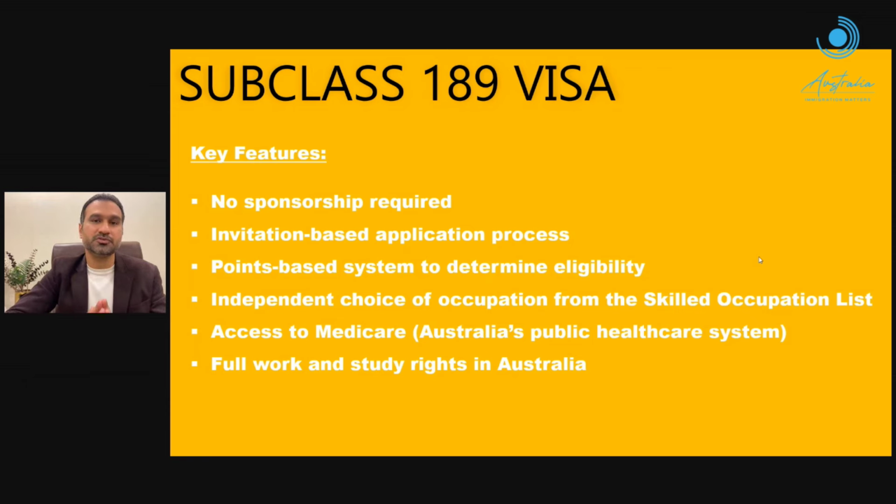A points-based system is used to determine eligibility of the applicants. You have independent choice of occupation from any of the skilled occupation lists of the Department of Home Affairs. You have 100% access to Medicare, which is Australia's public healthcare system, and you have full work and study rights in Australia. So these are the key features of 189 visa holders.